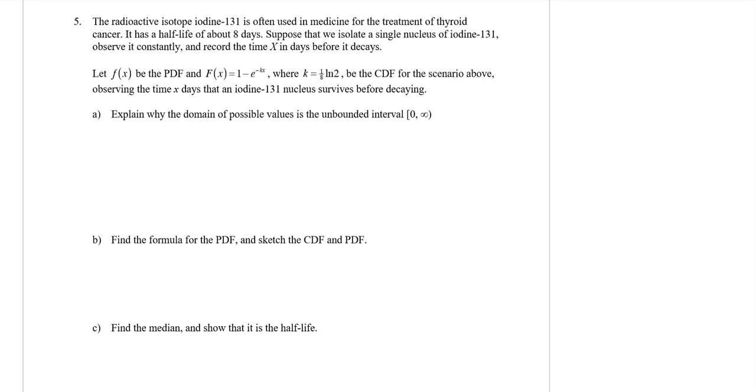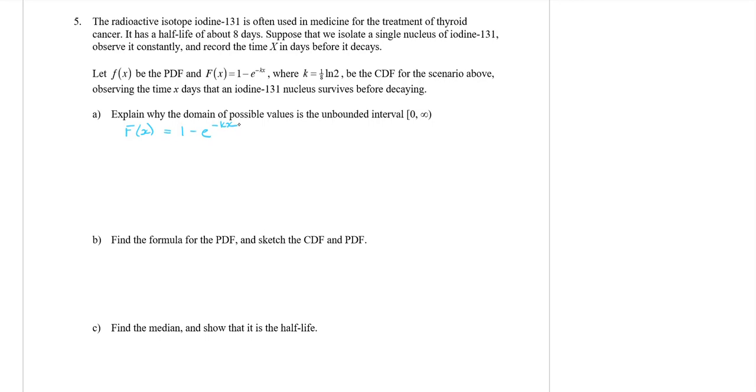Okay, so let's explain this by starting with our CDF equation, which is F(x) = 1 minus e to the minus kx. If this was bounded, it should be able to get to a total probability of 1, like that last one that I did.